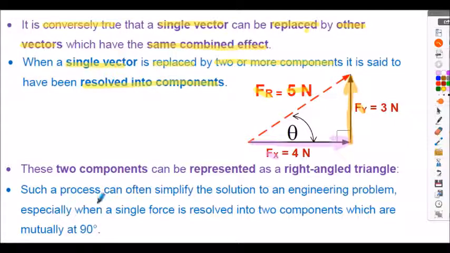These two components, the Fx and the Fy, are represented as a right-angled triangle. Such a process can often simplify the solution to engineering problems, especially when the single force is resolved into its two components, which are mutually at 90 degrees to each other, as will be undertaken in this presentation.